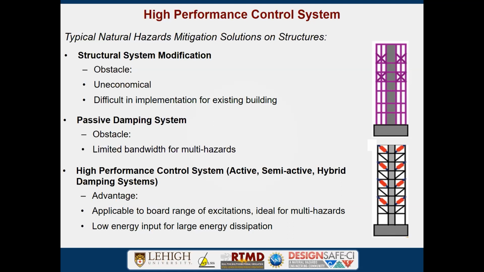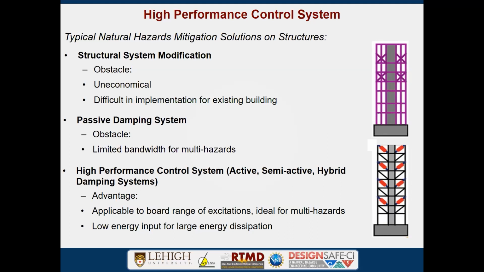What we propose and prefer are high-performance control systems, including active, semi-active, and hybrid damping systems. They are different from passive damping systems because their dynamics are adjustable. So they are applicable to a broader range of excitations, ideal for multi-hazards. They also need lower energy input for large energy dissipation. I'm going to talk about what I mean by lower energy input in the next couple of slides.